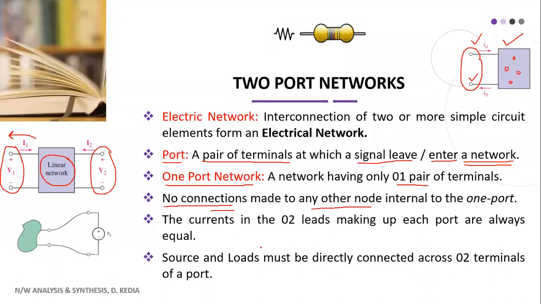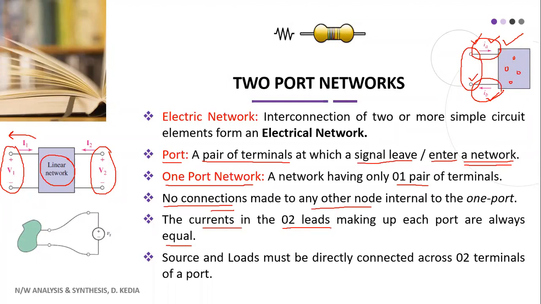Another thing that we need to know about one port network is that we have two leads, and the currents represented on these two leads, see IA and IB here, are always equal. Whatever current enters into your electric network, the same current comes out of that electric network.